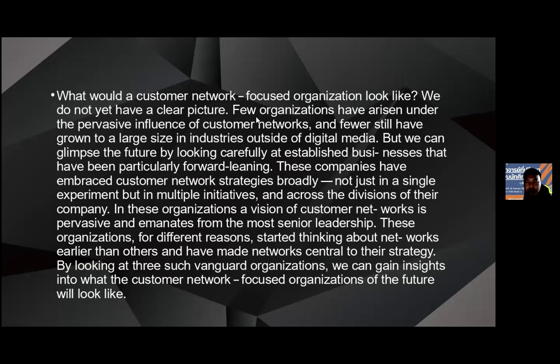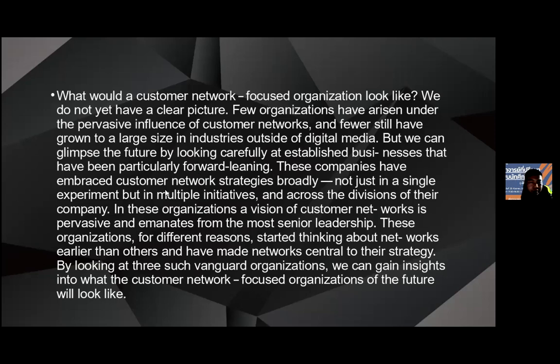Few organizations have arisen under the pervasive influence of consumer networks, and few have grown to a large size in industry outside of a digital medium. But we can glimpse the future by looking carefully at established businesses that have been particularly forward-looking.